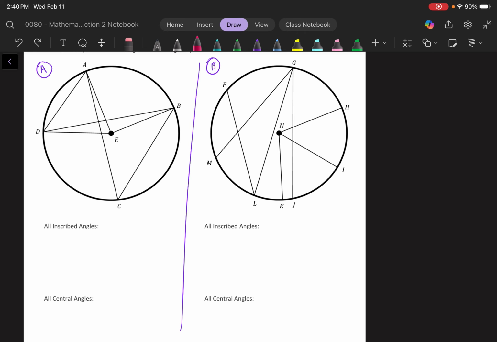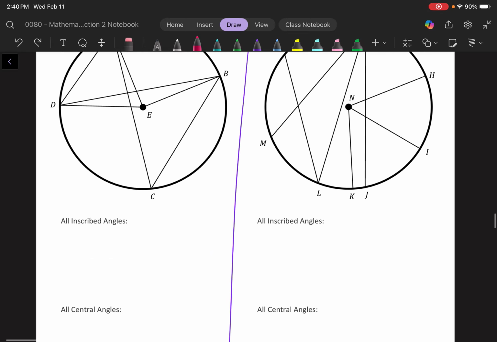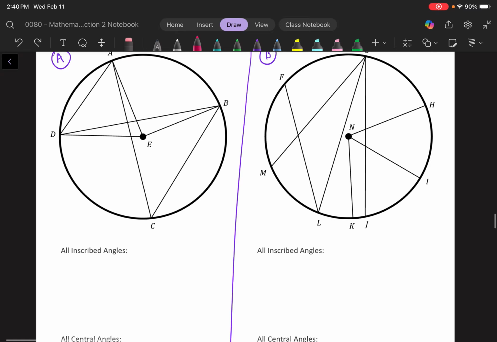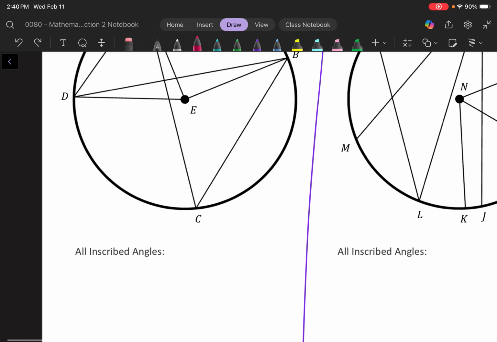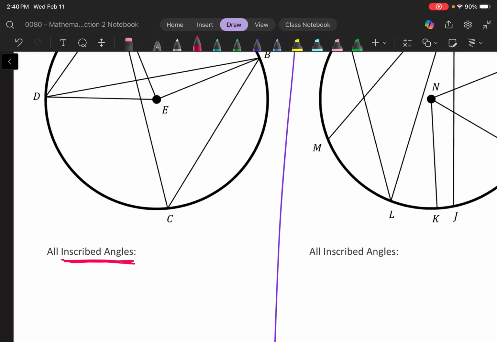Reminder, an inscribed angle is made up of 2 chords that have a common endpoint. That endpoint is on the edge of a circle because the end point of a chord is on the edge of a circle. So what I am looking for in an inscribed angle is I'm looking for corners or vertices that are on the circle.